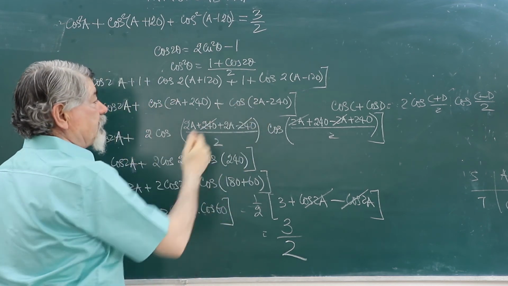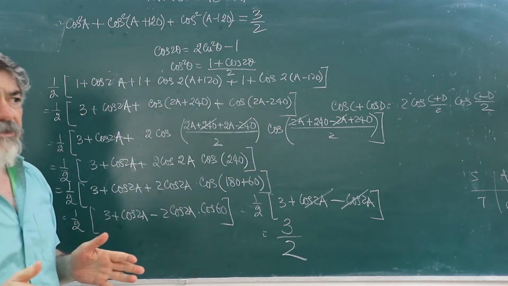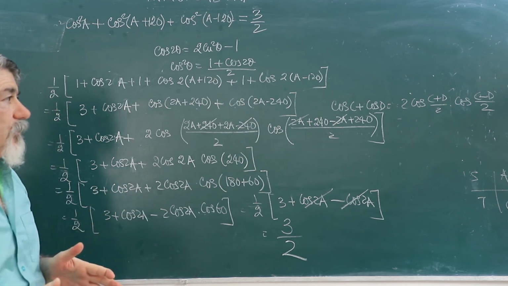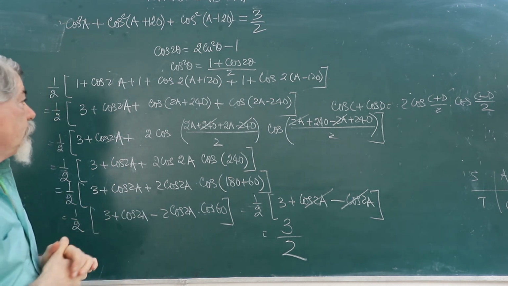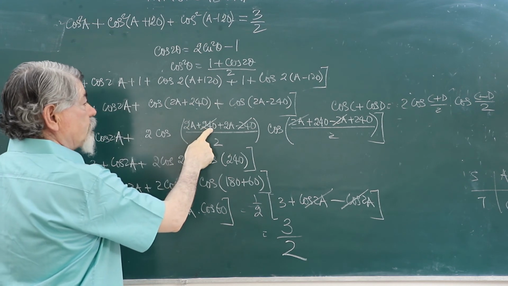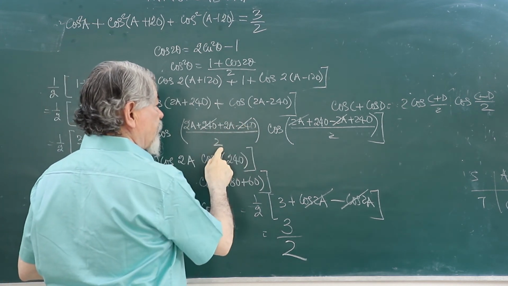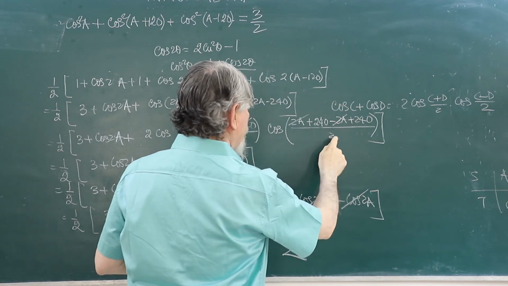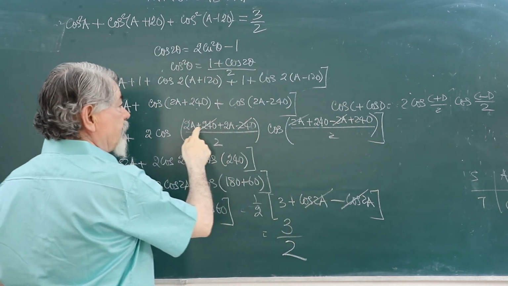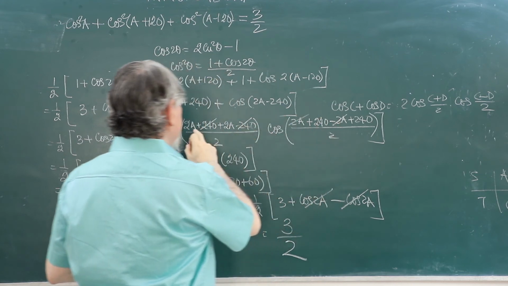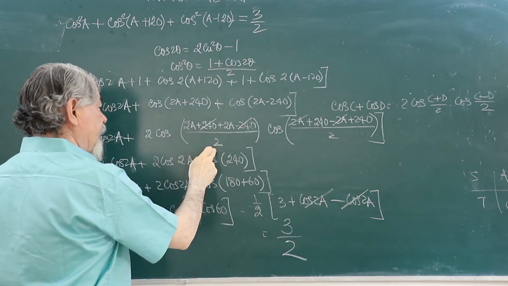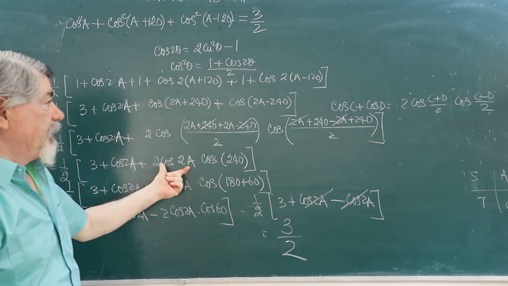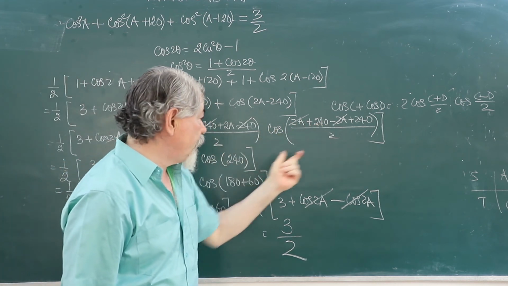Cos c plus cos d should be applied. Cos c plus cos d is 2 cos c plus d upon 2, cos c minus d upon 2. So 2 cos 2a plus 240 plus 2a minus 240 upon 2, cos 2a plus 240 minus 2a plus 240 upon 2. 240 will cancel, 2a plus 2a is 4a, 4a upon 2 is cos 2a. It will become cos 240.